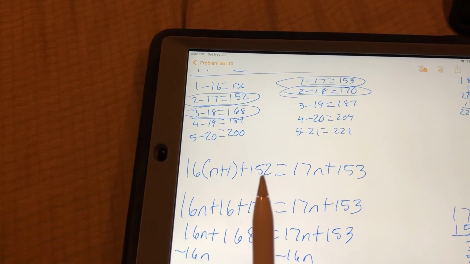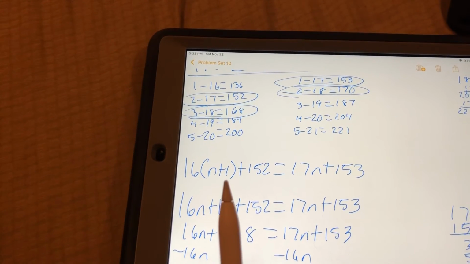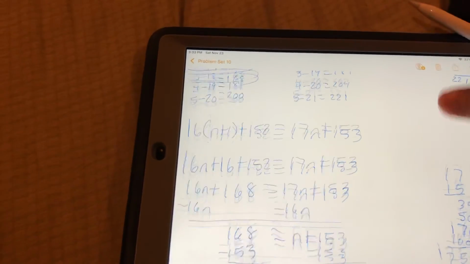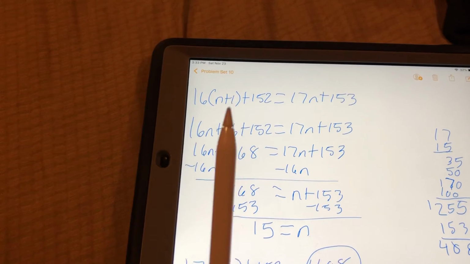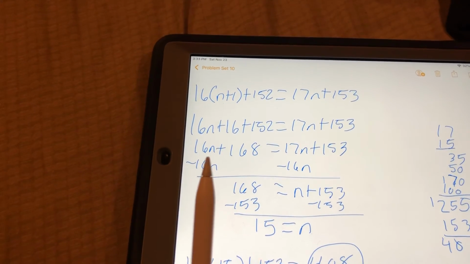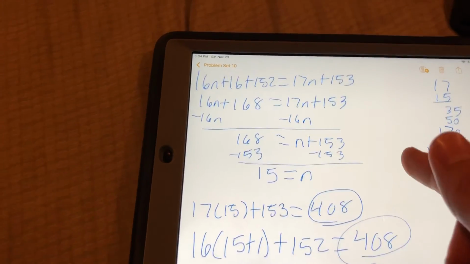So if this was 150 and this is 153, this would be 16n plus 3 plus 150, and then 17n plus 153. Okay? Then you have 16n plus 16, because I just distributed, plus 152 equals 17n plus 153. And then you have 16n plus 168, just combine those two, equals 17n plus 153.